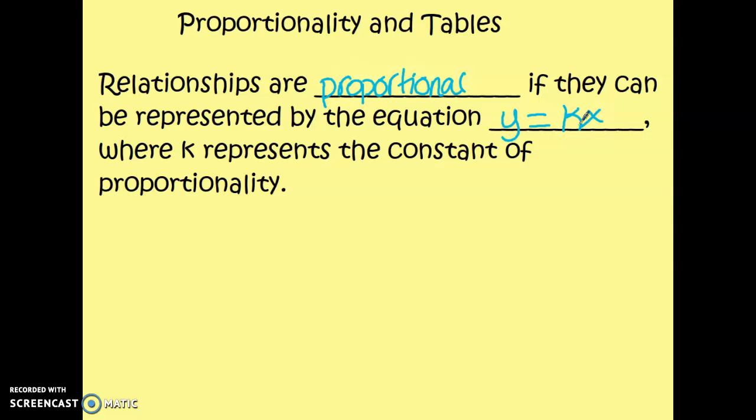We talked about this, where k represents the constant of proportionality. Okay, and remember that we find k, we take y and divide it by x.